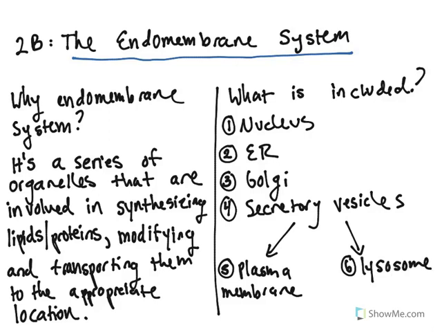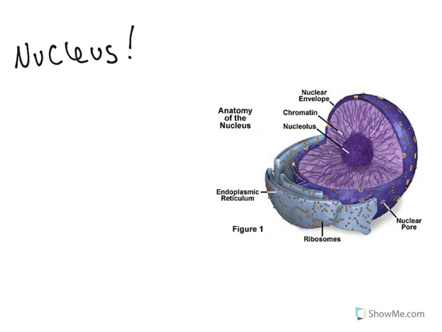All right, so let's see if we can make some sense of this endomembrane system. Starting with step numero uno, the nucleus. Everybody always thinks of the nucleus as the brain of the cell, probably because that's where all the DNA is located. First things first, the DNA is located in the very center of our nucleus, which we call the nucleolus.